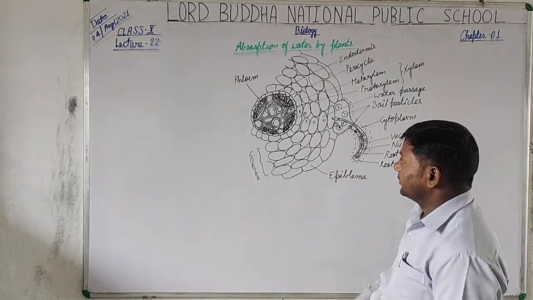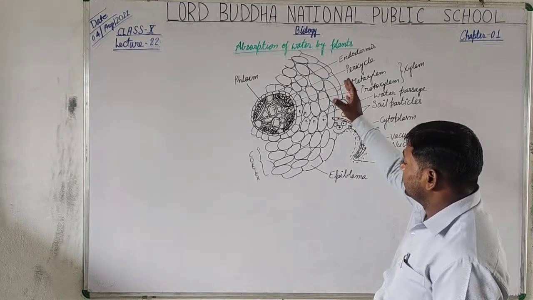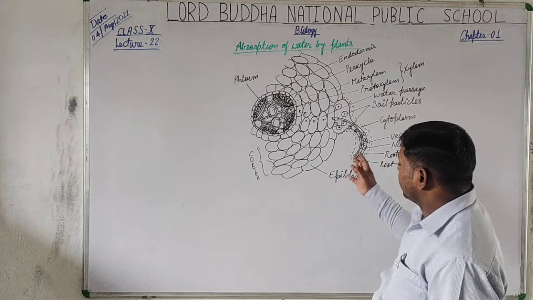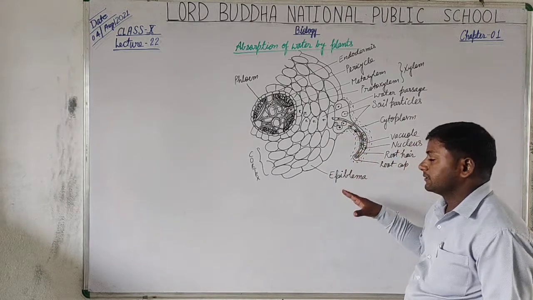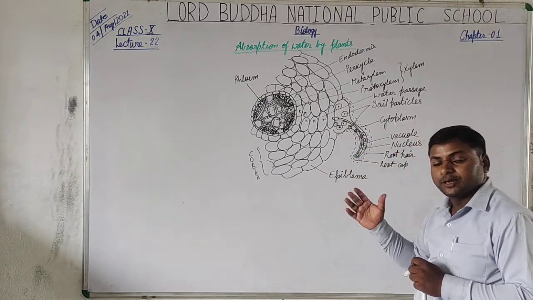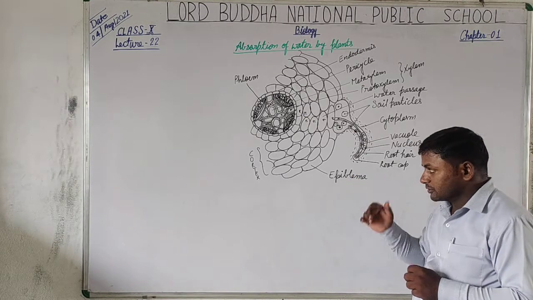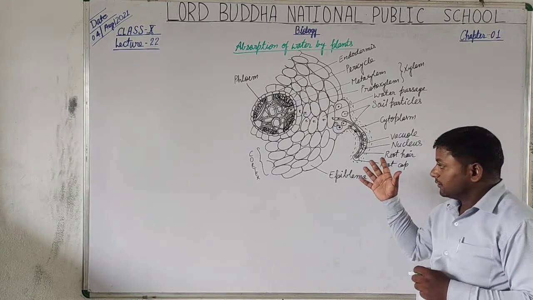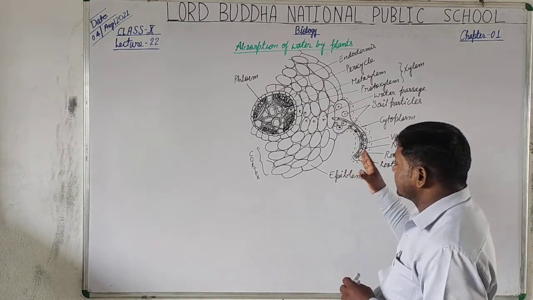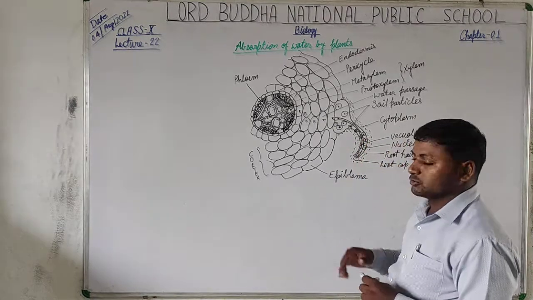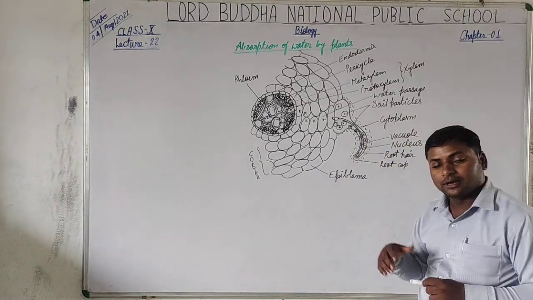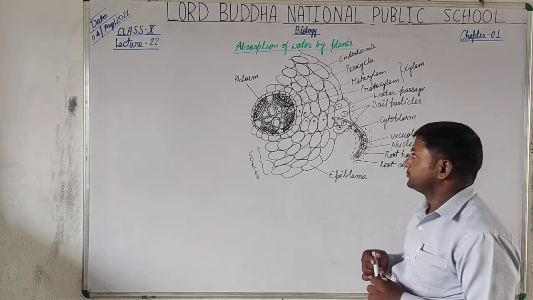What we observe here is a slice, a transverse section, on which the various arrangements of tissue structures are visualized.